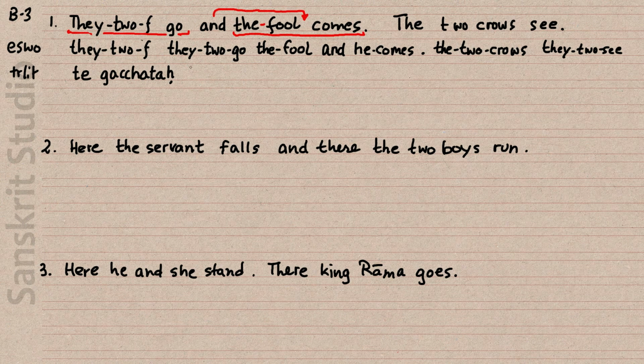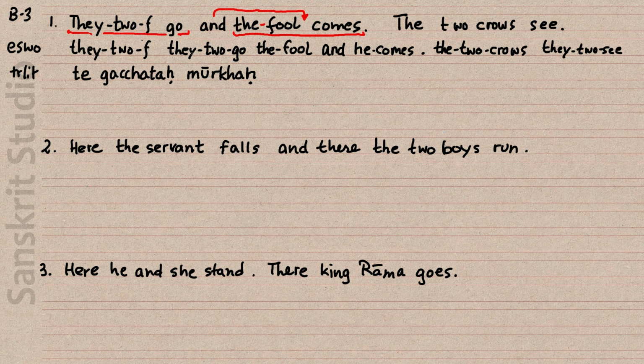And then comes the fool, and we have a long u, murkha. And it is nominative singular, and there's nothing strange about that. And then he comes, it's singular here.